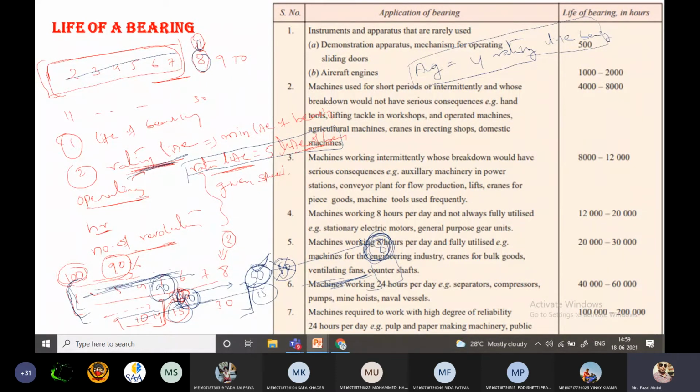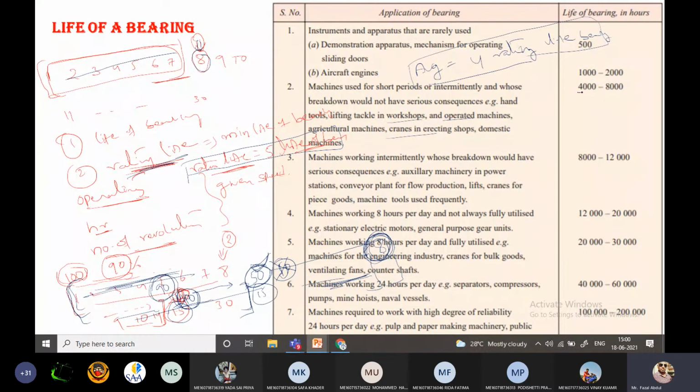Okay. And applications: see here in the table you can find that based on the application we are selecting. For an application like a machine used for a short period and intermittently, whose breakdown would not have serious consequences, for example hand tools, what type of life is required for the bearing?